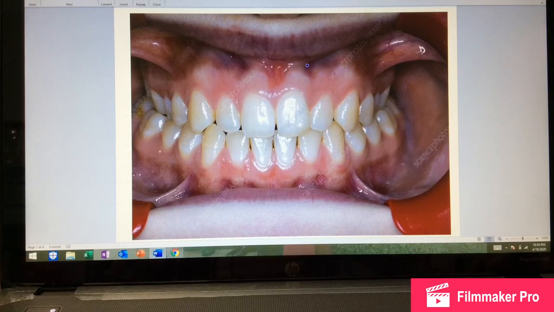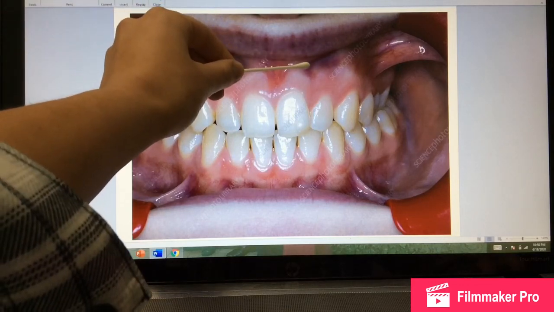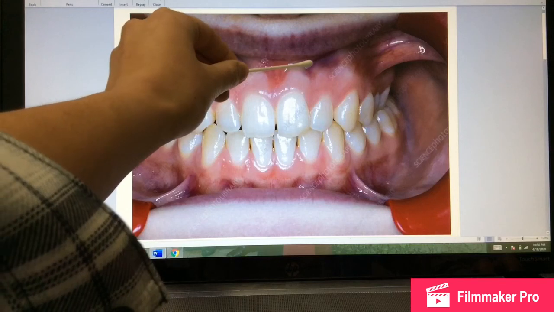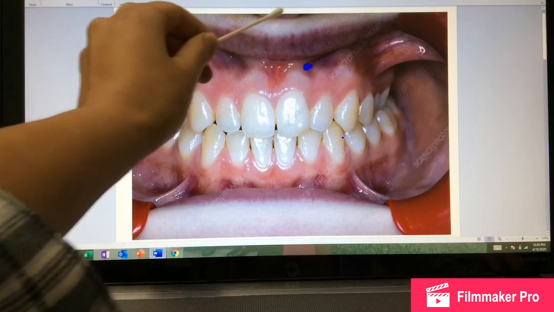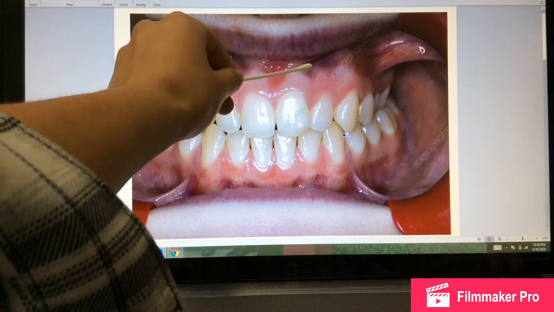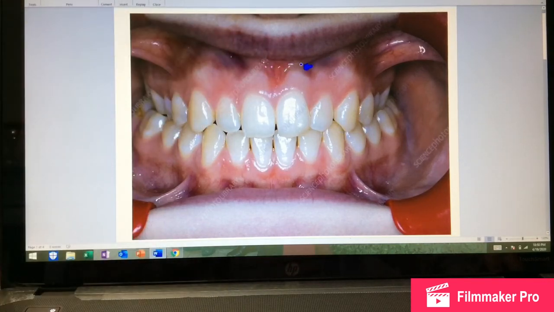First off, we're going to do the infiltration, which starts right here in this area. This is usually the first injection, so we will place our topical right here. That's for infiltration.